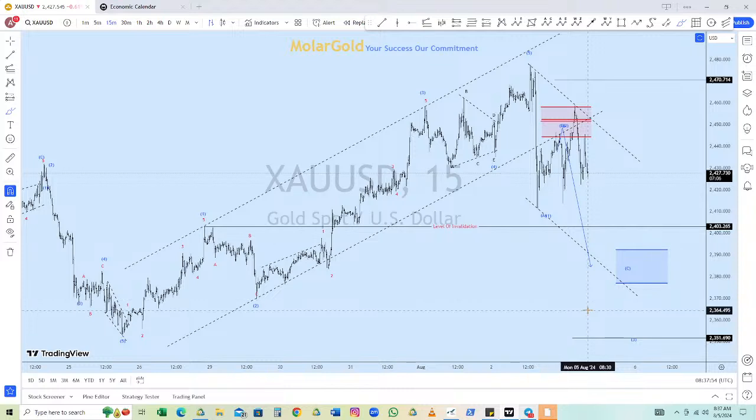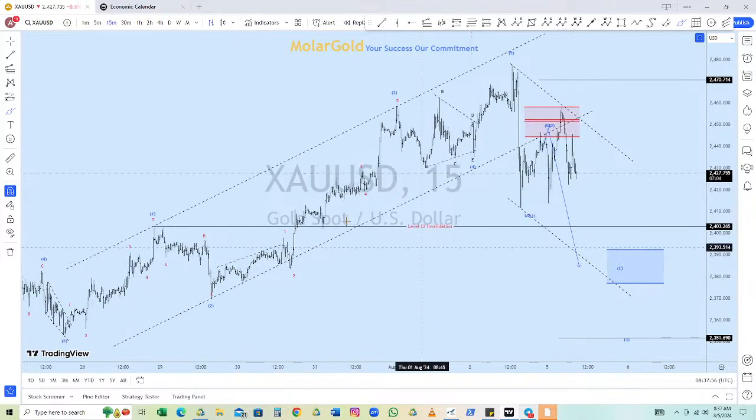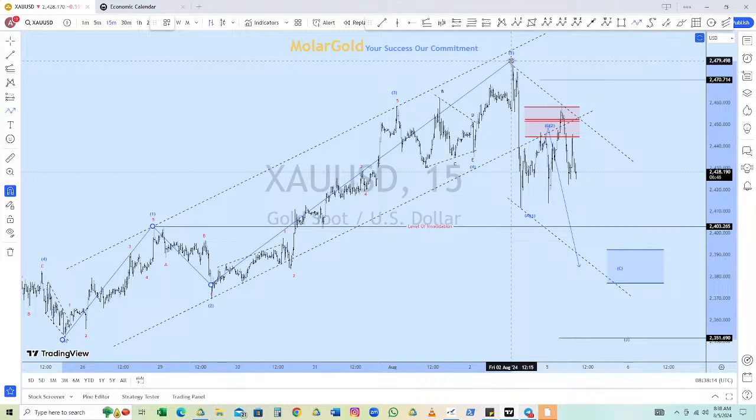Let's continue. Actually, the count was cool. It has no problems. Counting this to be wave 1, that wave 2, and all of these as wave 3, and then counting these corrections as wave 4, and then wave 5.